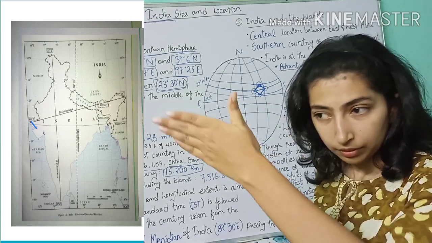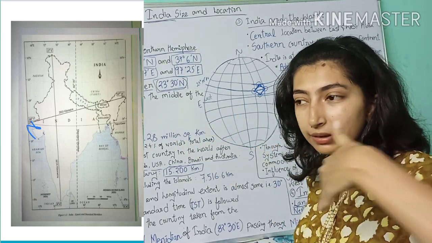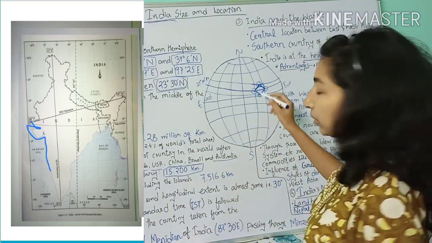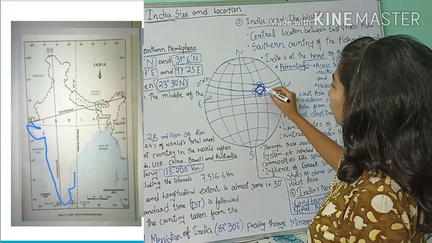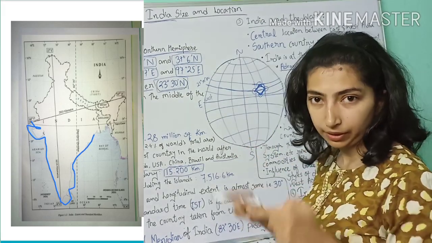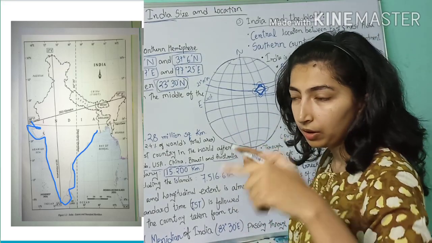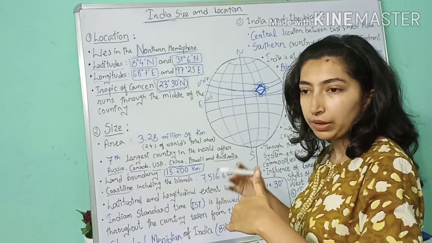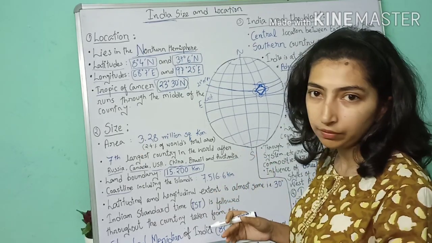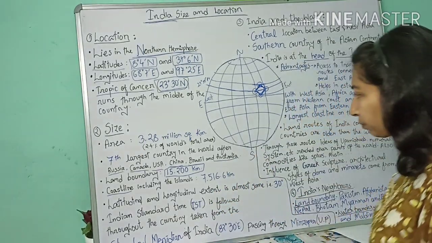The coastline is the area which is lying nearby the sea or the ocean. So in case of India, it is this place, the south of India. That's the coastline we have. We have the Indian Ocean down. On one side we have the Bay of Bengal, on the other side we have the Arabian Sea. We all know that.